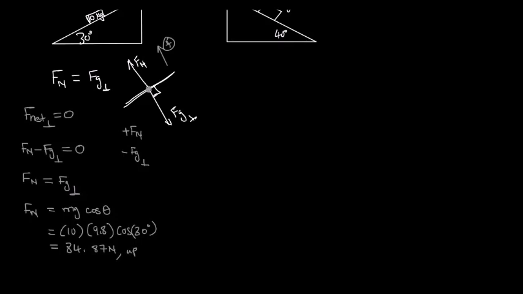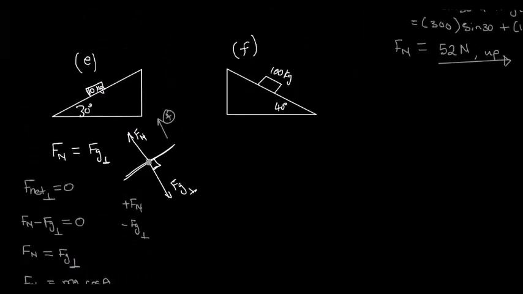And since it's the normal force, it is upward, perpendicular to the surface. So I think you can definitely tell how you should calculate F. Pause the video, calculate F, and see if you got it right.